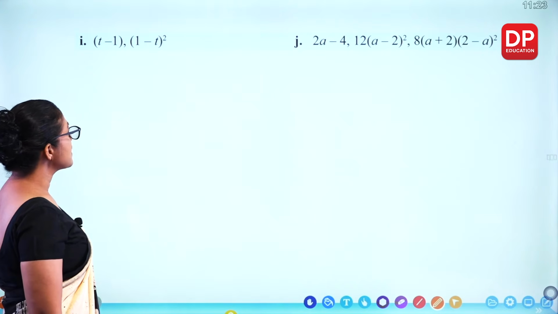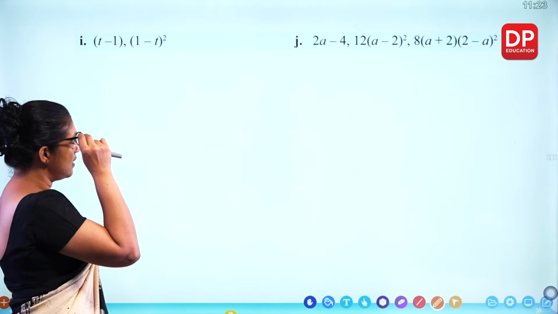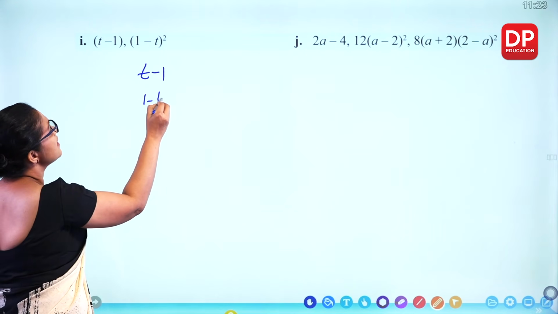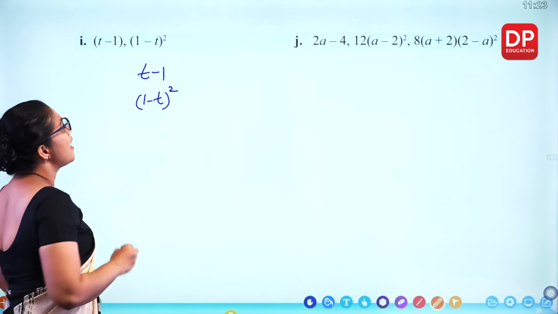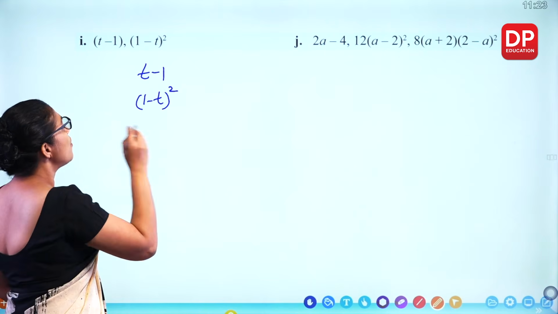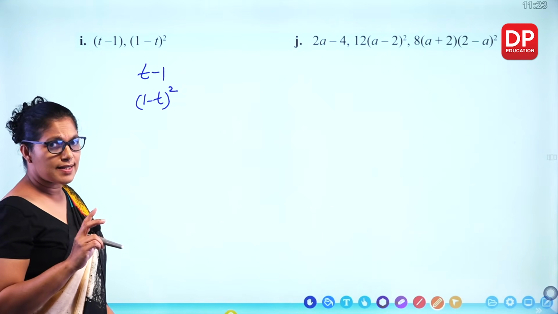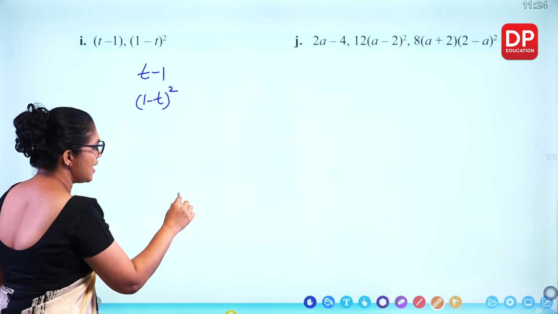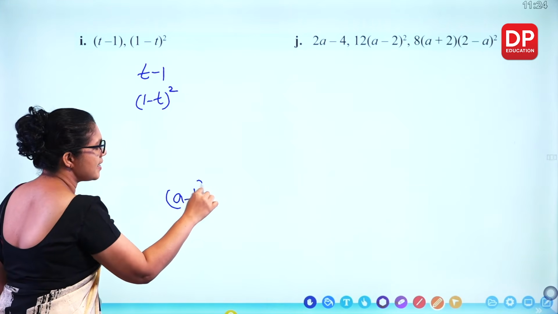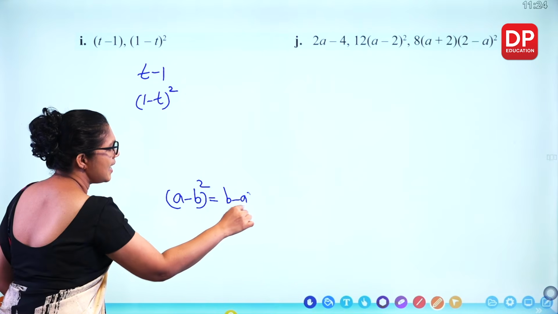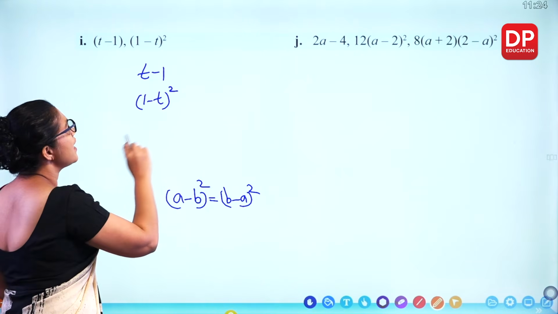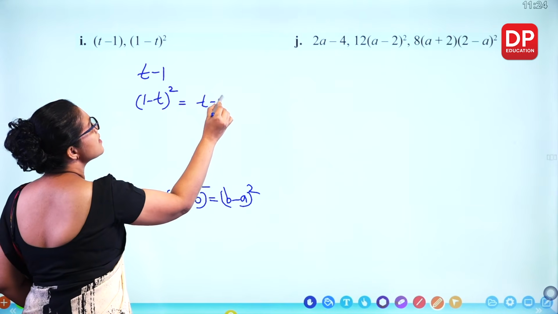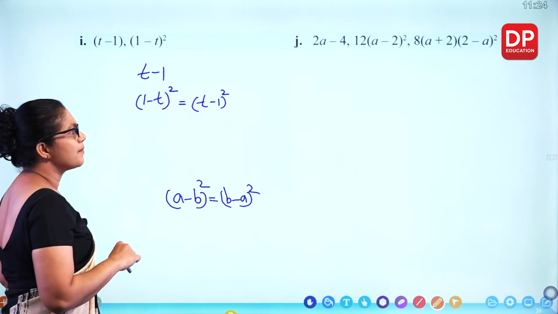Now we'll take this expression. So here t minus 1 is one expression and 1 minus t squared is the other expression. So now can you remember we discussed an important result. So here a minus b squared is same as b minus a squared. So I can write instead of 1 minus t squared as t minus 1 squared.